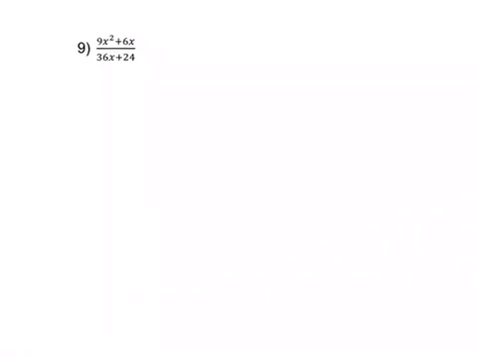The next one, again, I'm starting by simplifying by finding a common factor. My common factor here is 3x, so I have 3x plus 2. My common factor on the denominator is 12, so I have 3x plus 2.